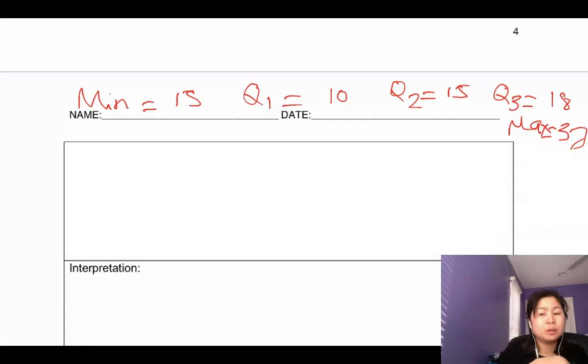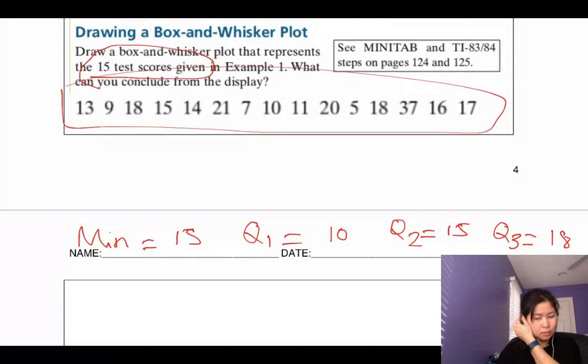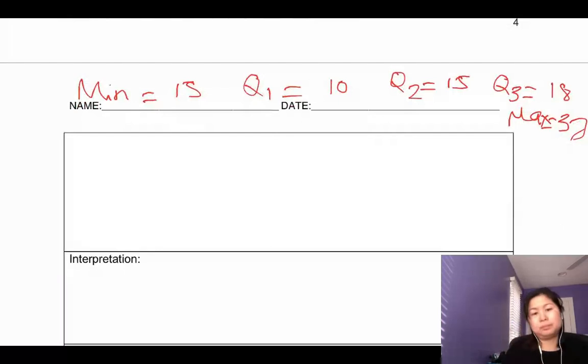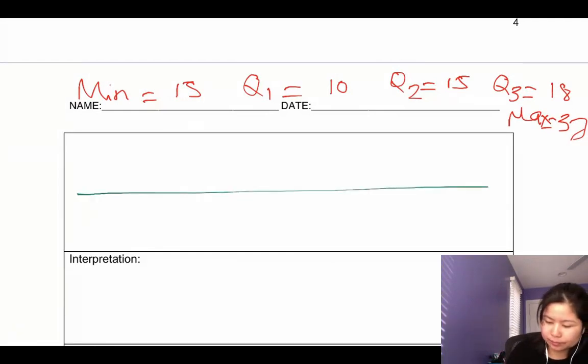How do we know this? It's from the last lesson. We have this data set and this is what we calculated, okay? All right, to do the box and whisker plot, it's not too bad, okay? What I would do is draw a straight line, and make two dots.